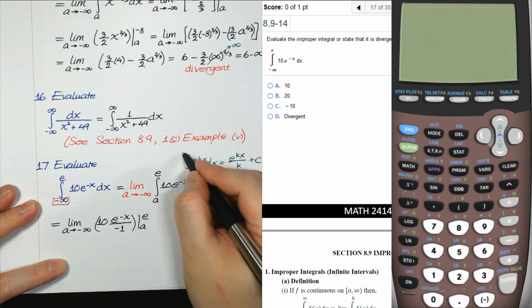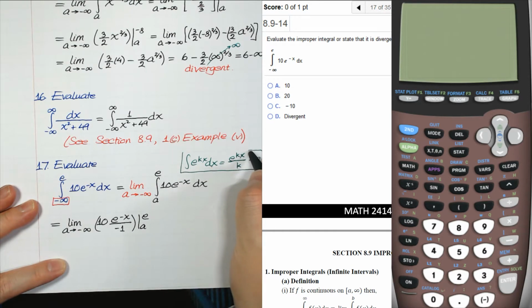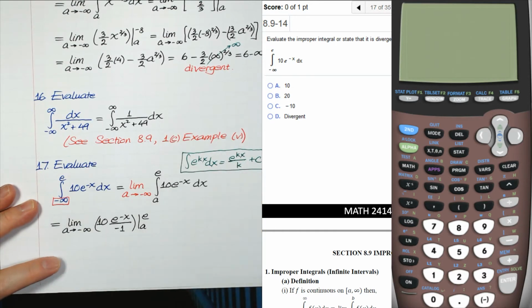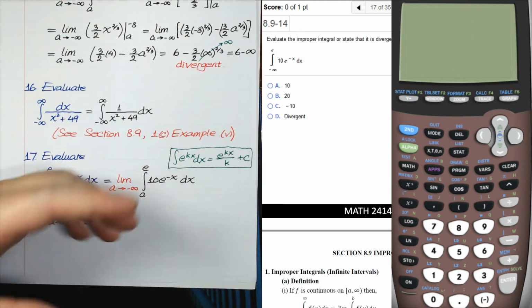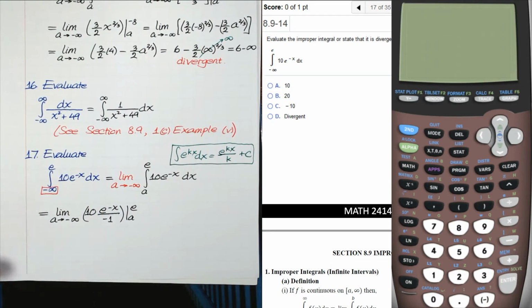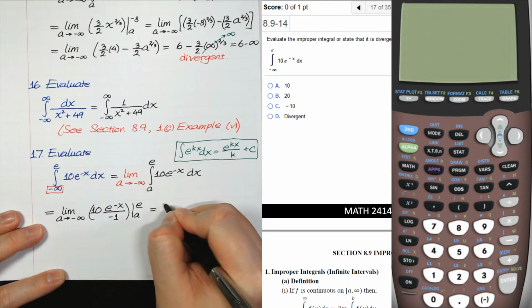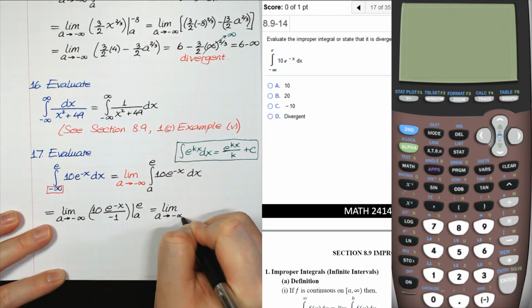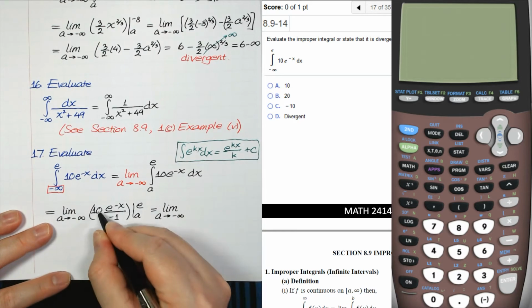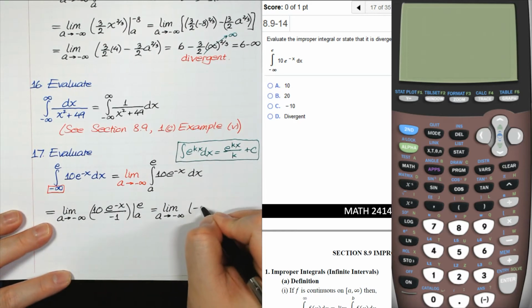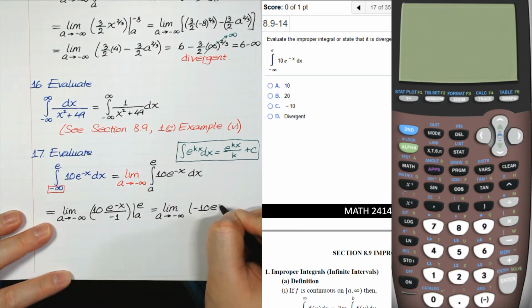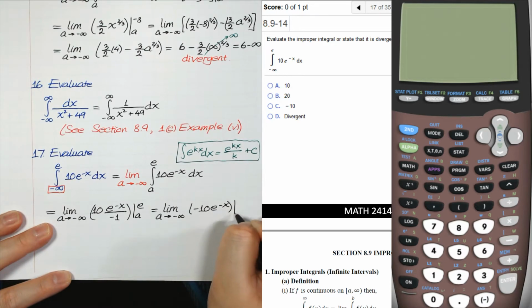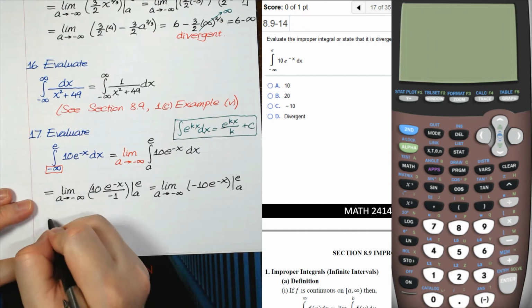It is in section 8.2, integration by parts. We review all that. 10 divided by negative 1, negative 10, e to negative x, from e to a. Now I see why they have e.